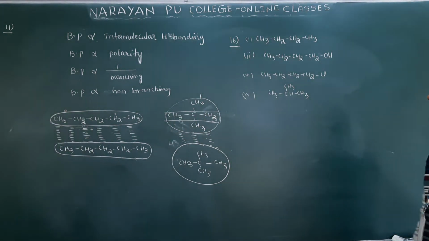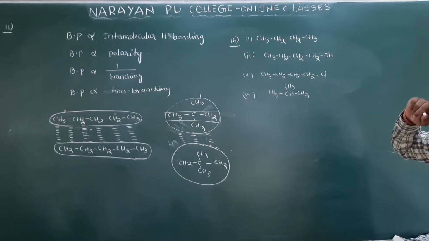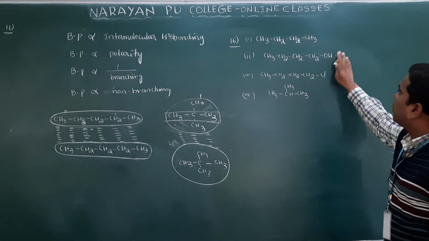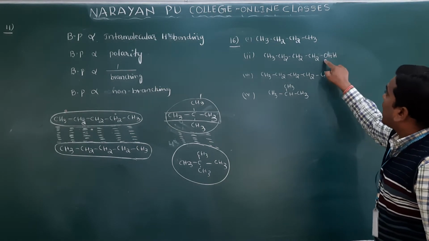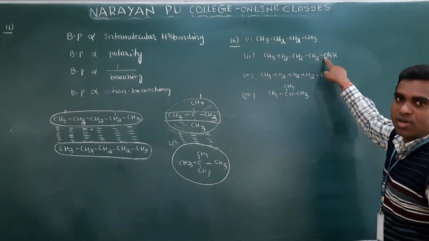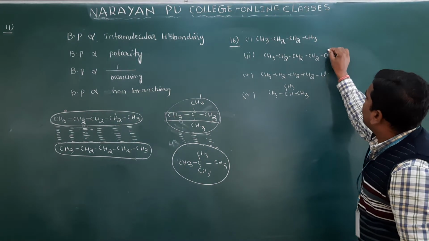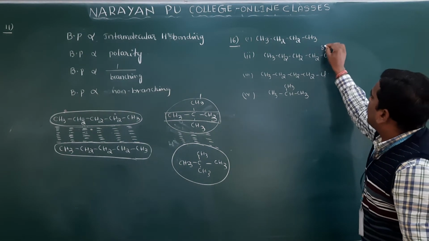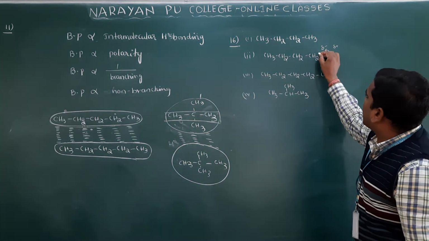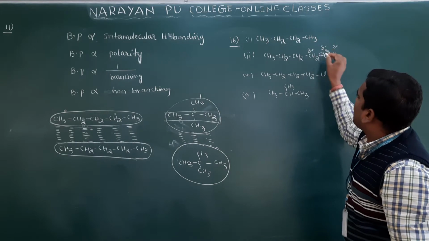Clear? See now. In this one, what will happen? This molecule is a polar molecule. Why polar? Because oxygen is a highly electronegative atom. So it can take the electrons and become negatively charged, and carbon gets the positive charge.